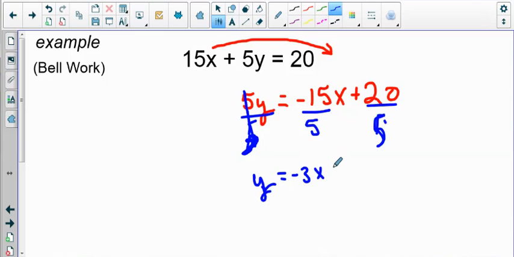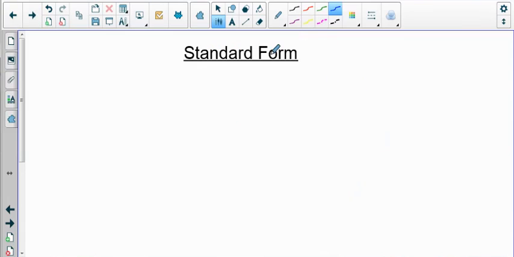And 20 divided by 5 is going to be 4. So there it is, y equals mx plus b. I went from what looks like standard form down to slope-intercept form. Just want you to have that in mind because we use a lot of the same tools and techniques to go back and forth between these. So let's get started on standard form.